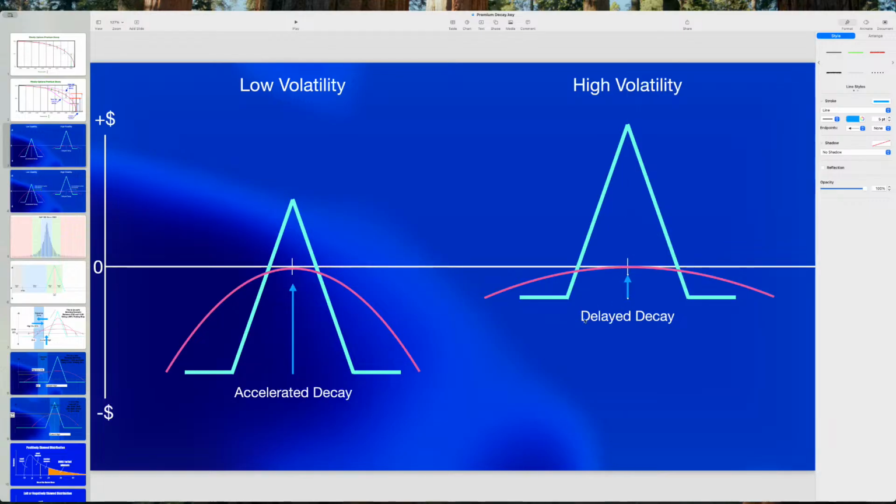And that's because of the delayed decay of premium. You also have nice flat profit curves. So gamma is low. In low volatility, all that premium has already accelerated its decay. And so now you have very little room to profit.